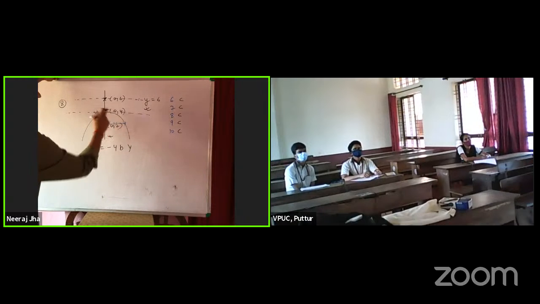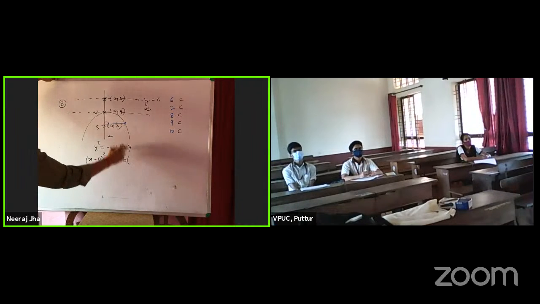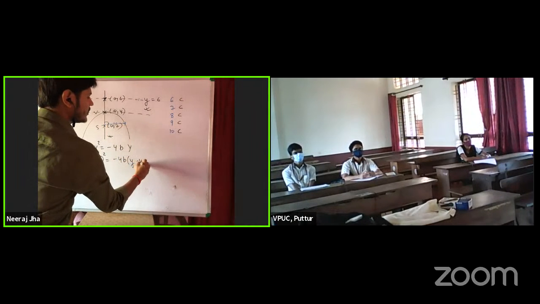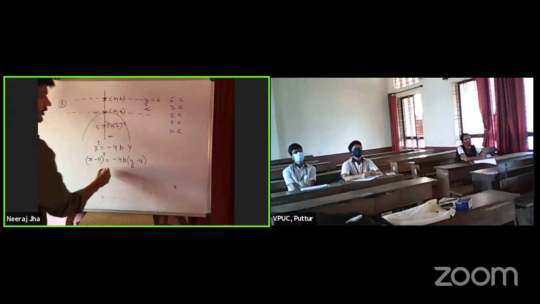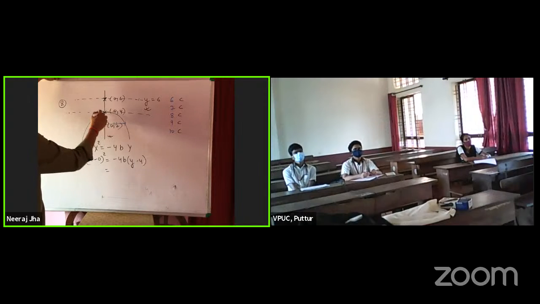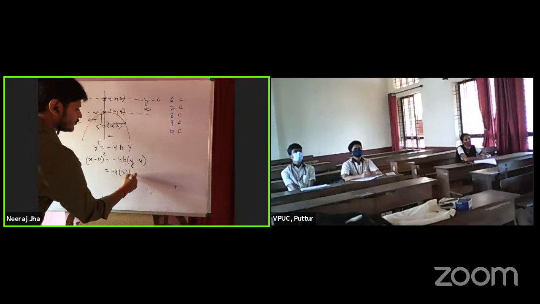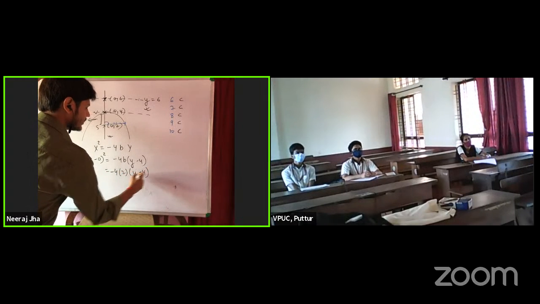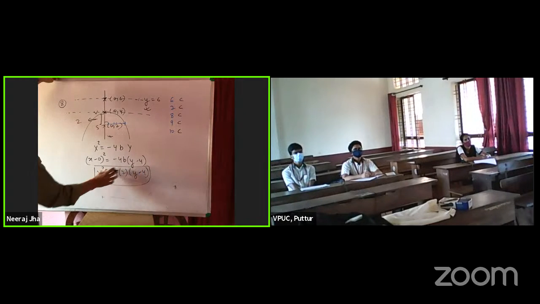Capital X means x minus 0 whole square is equal to minus 4b into what is capital Y? Sir, capital Y is y minus 4. Why? Because if I put y as 0, I'll be getting 4. So y minus 4. Now what is b? This distance is a, which is 2. Hence b is 2. So x square is equal to minus 4 into 2 into y minus 4. This is your answer. We are getting this answer.